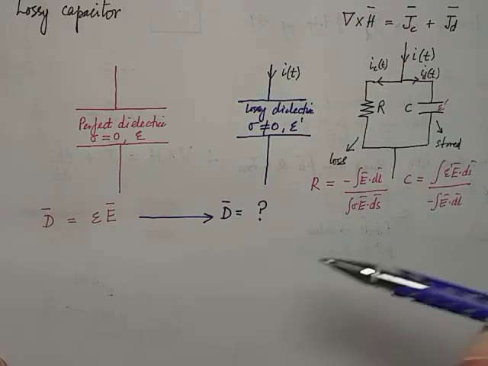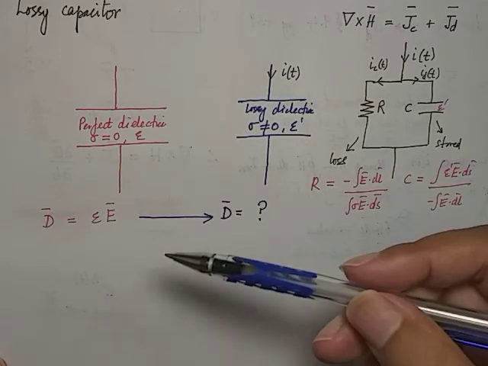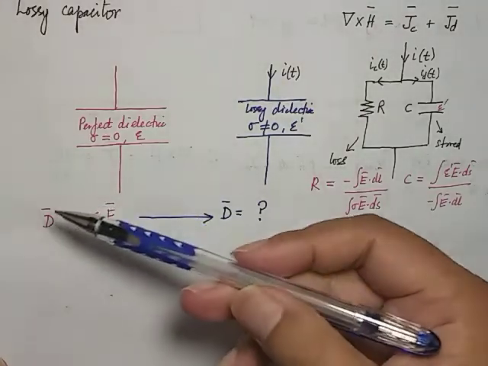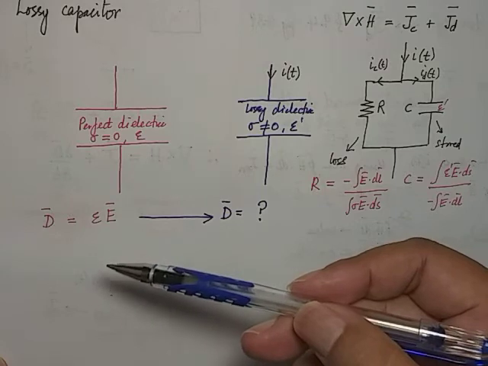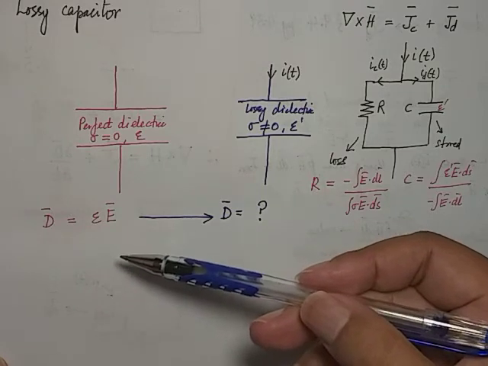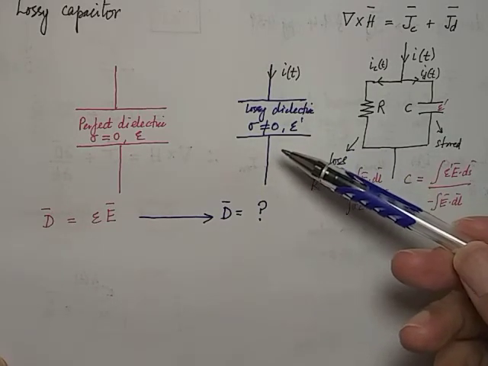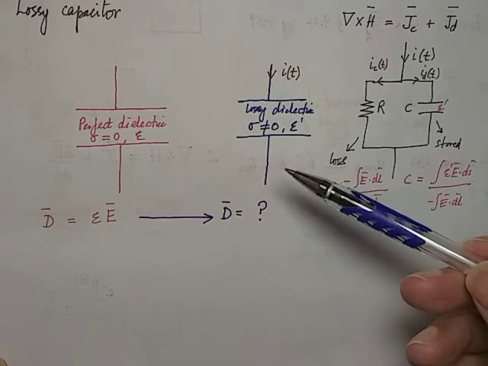So do we need to relearn something totally new, or can we use the original equation but just modify it in order to make it usable for the lossy medium? What do you recommend then? Good.